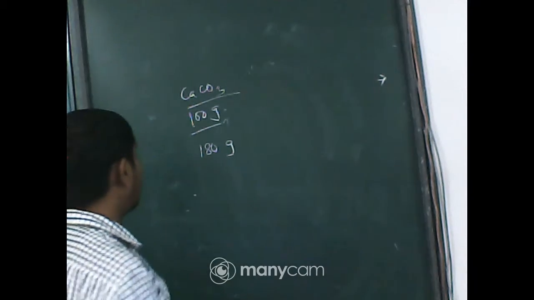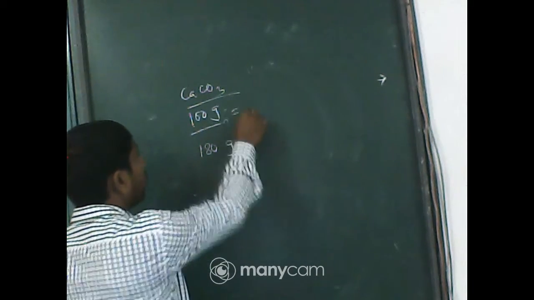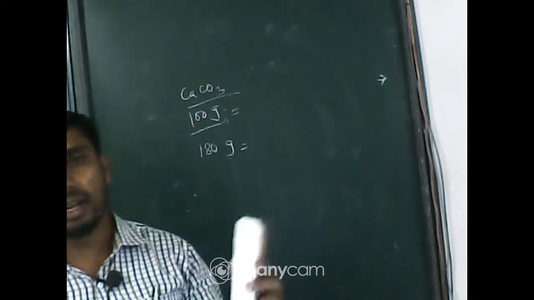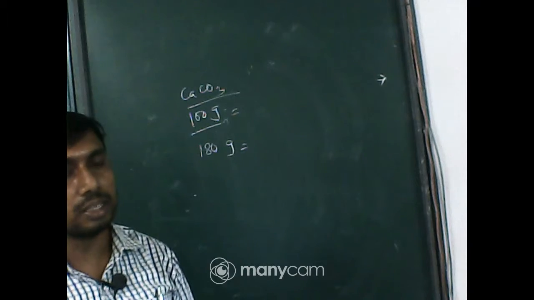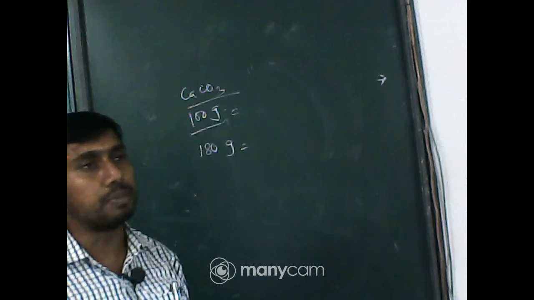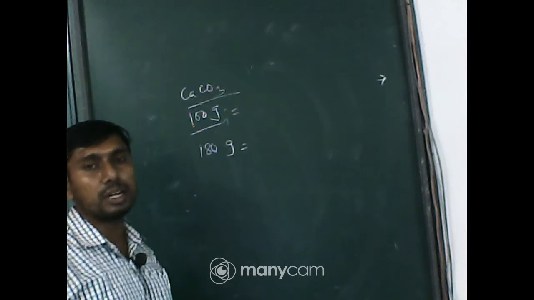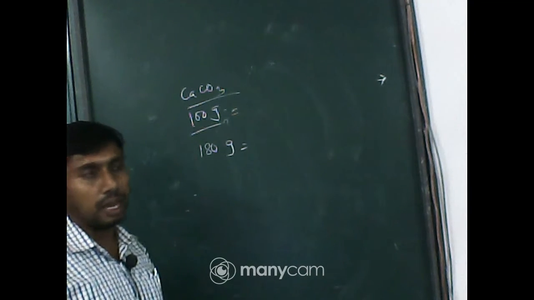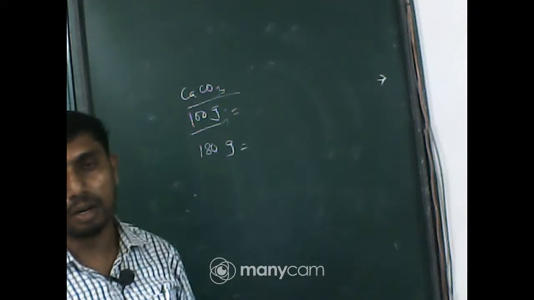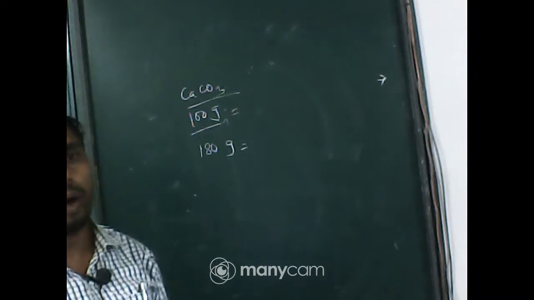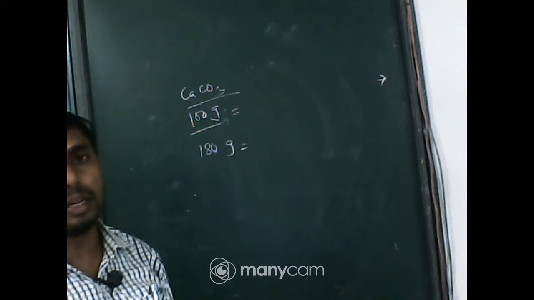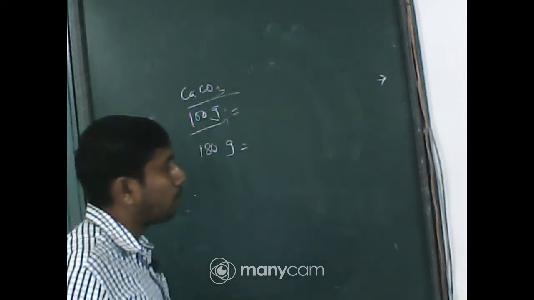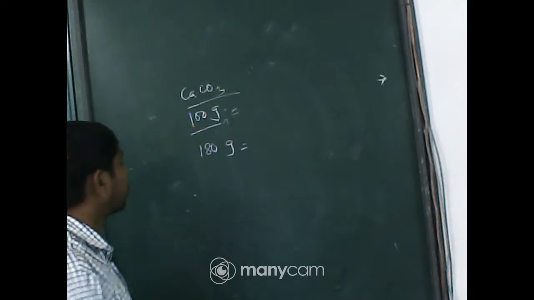glucose are there? Okay. So this is the 1 mole, and later on it was proved that 1 mole of any substance under the same conditions contains a fixed number of molecules, atoms or ions. The fixed number of molecules in 1 molar mass may be in molecular form, atomic form, or ionic form.